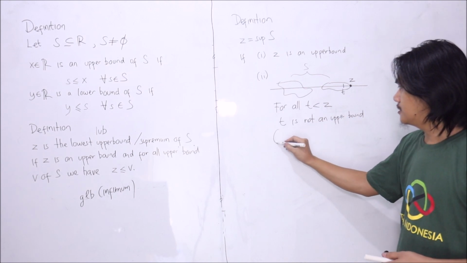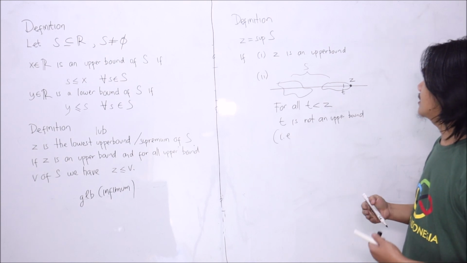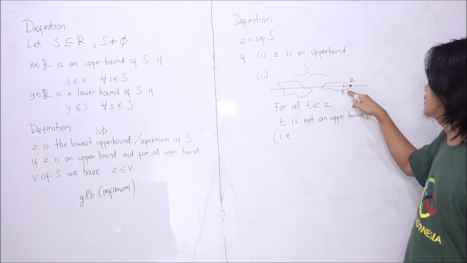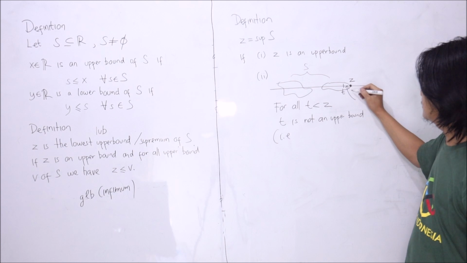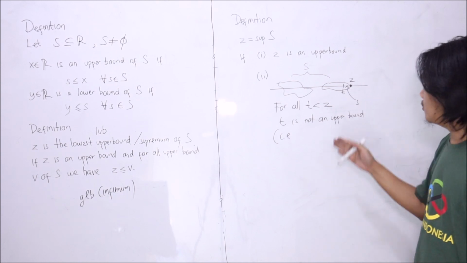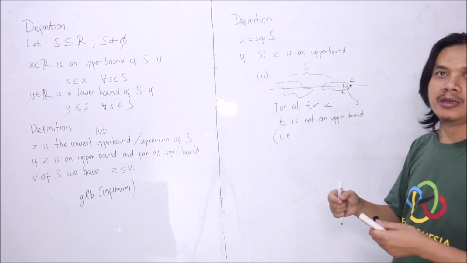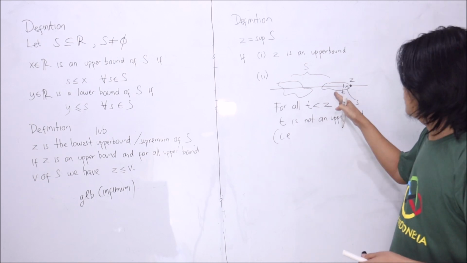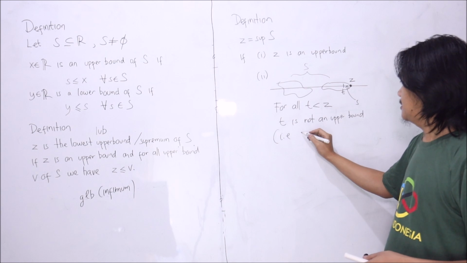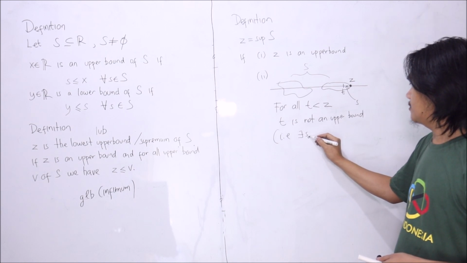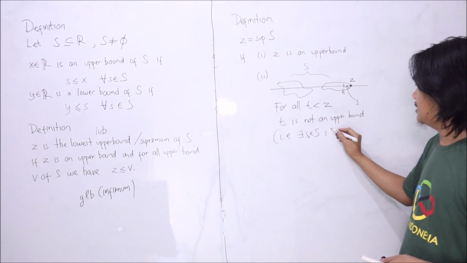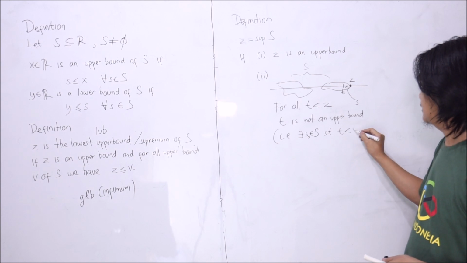It means we can find an element of S which is bigger than t. So in order for t not to be an upper bound, there has to be an element s0 of S such that t is less than s0.